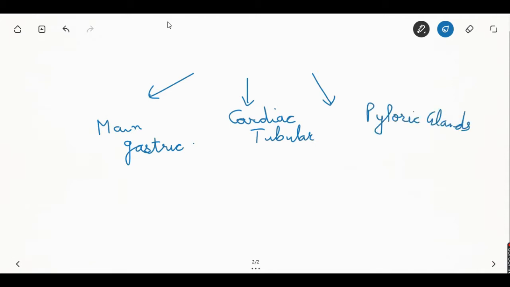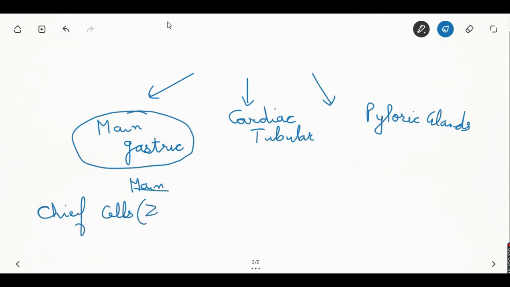The main gastric glands are maximum in number. They are found in the mucosa of the body and the fundus of the stomach. They contain chief cells or zymogen cells that secrete pepsinogen.